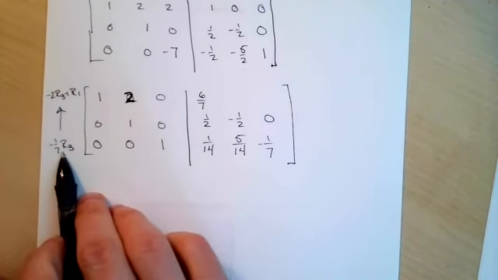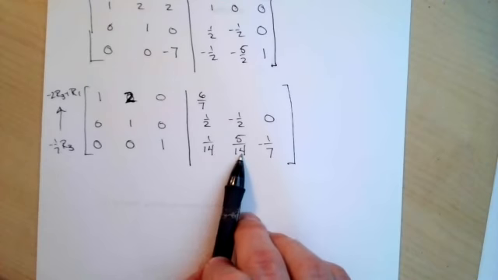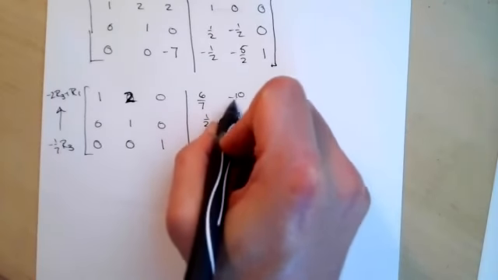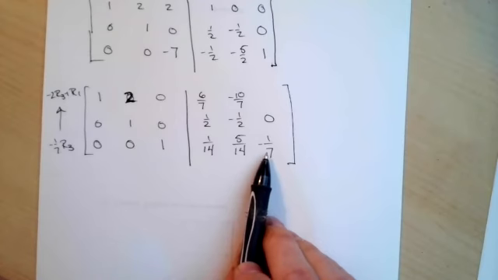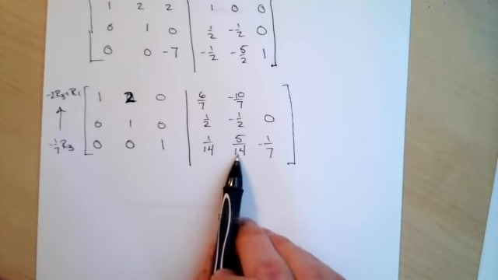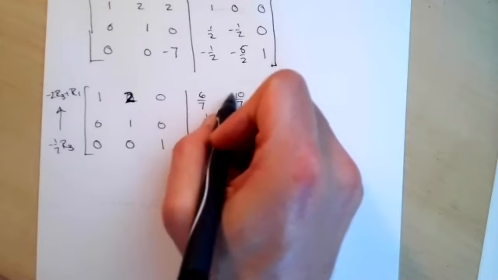We will have -2 times that guy. So -10 over 7 plus 0. So -10 over 7. And then now 2 times that guy. Wait, did I do that right? No, -5 over 7. Sorry, I'm doing the -2 twice.